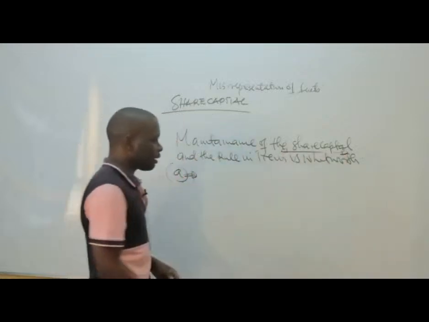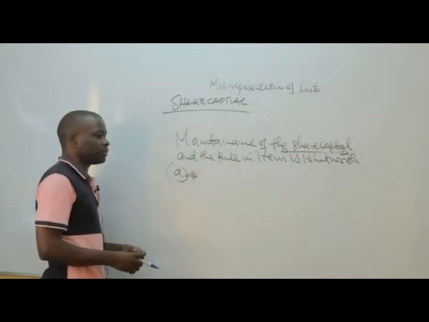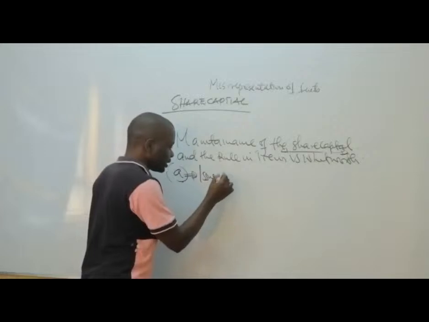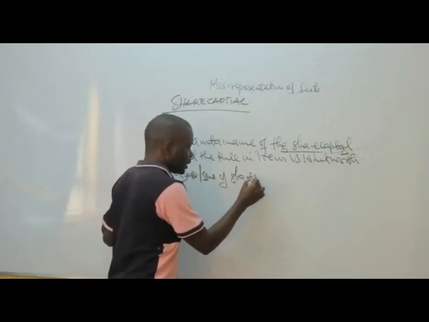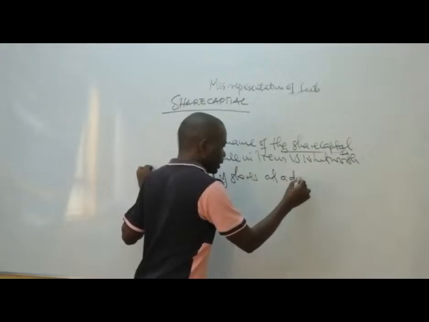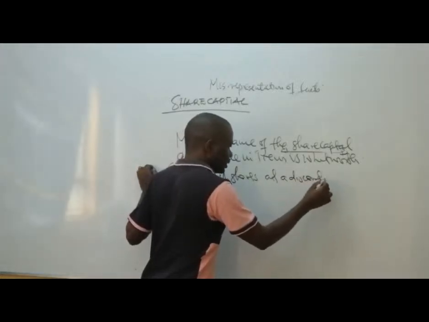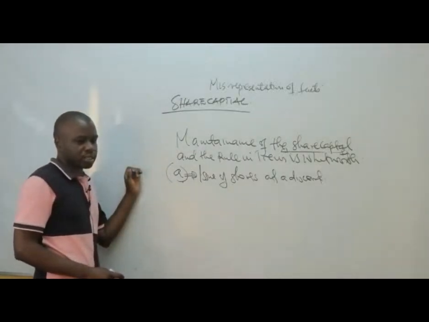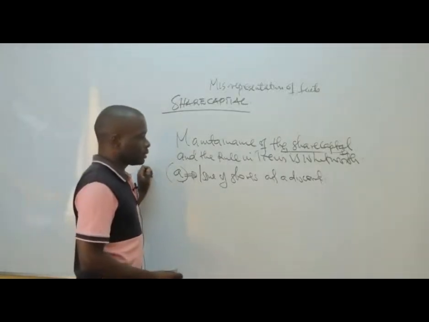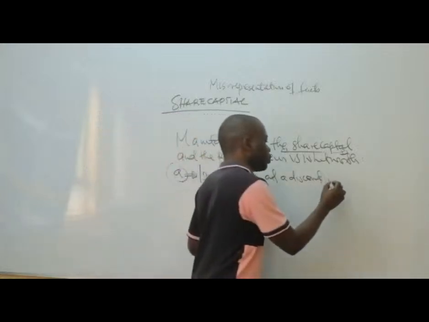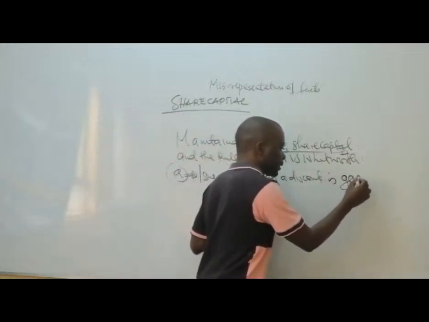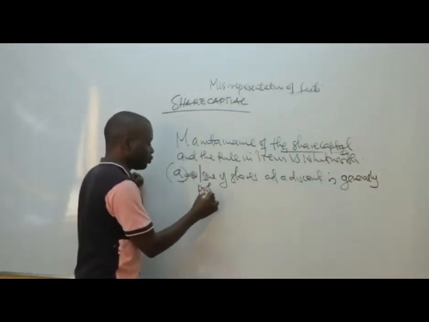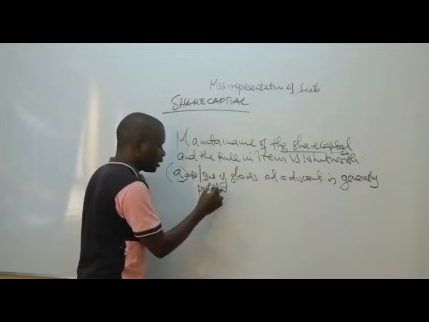So number one way of ensuring that the share capital of the company is being maintained is that the issue of shares at a discount is generally prohibited.